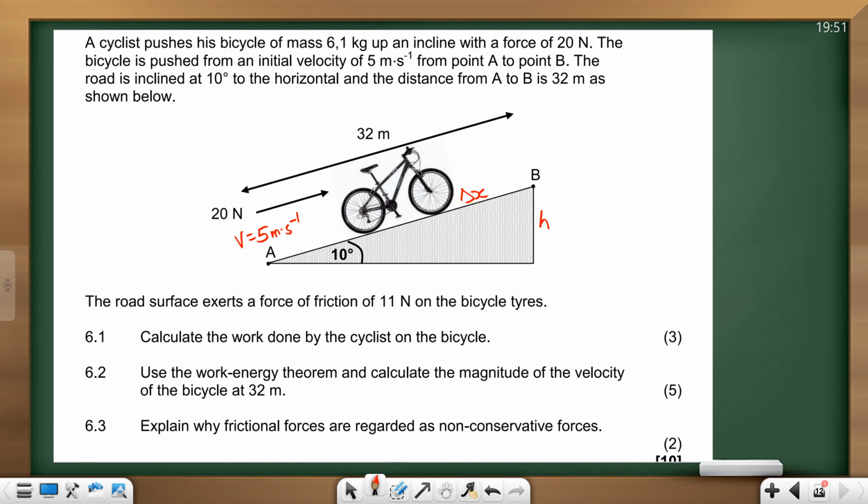Please, before we start, free body diagram. Everybody, quickly. Draw your free body diagram. We are going to mark. I'm expecting you to draw 2 free body diagrams for me.